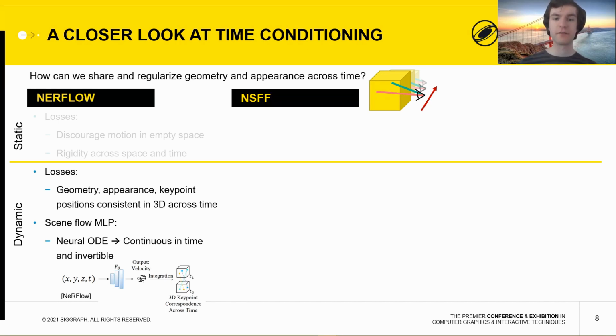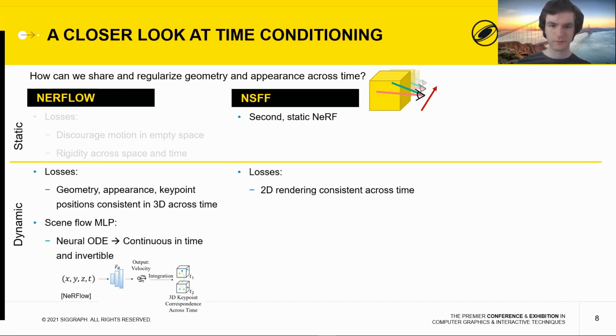Next, we have NSFF. It handles static objects by having a second static NeRF that is not conditioned on time. When we then want to render, we merge the static and the dynamic NeRF. For dynamic objects, it also encourages consistency across time, but on the 2D rendering, not in 3D.